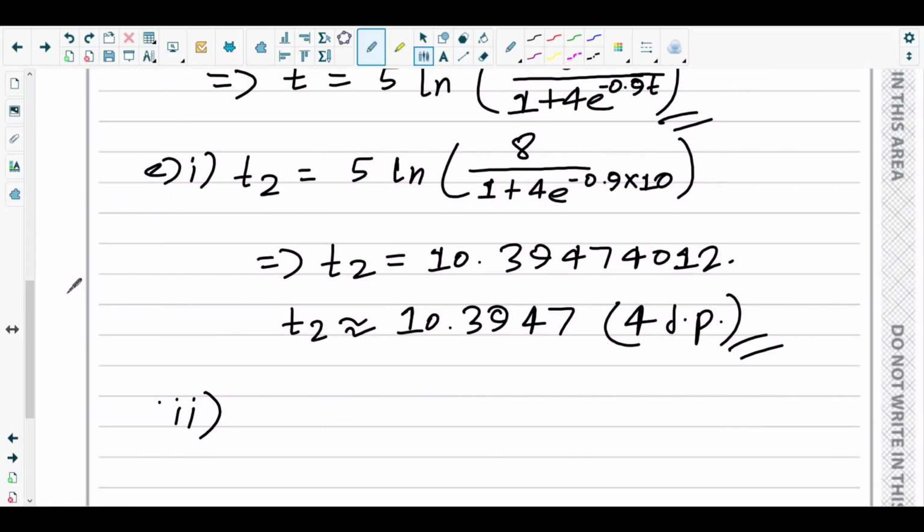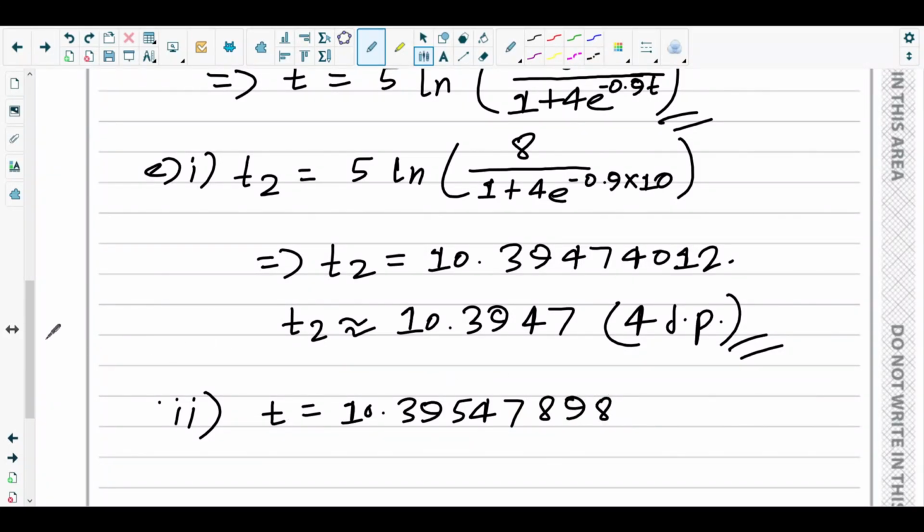Now keep doing the iteration formula, the method, repeatedly. Keep pressing until you see that, up to 4 decimal places, the values are not changing. After pressing a couple of times, I could see that the value comes as t equals 10.39547898.